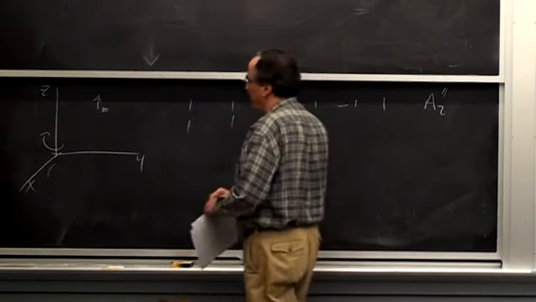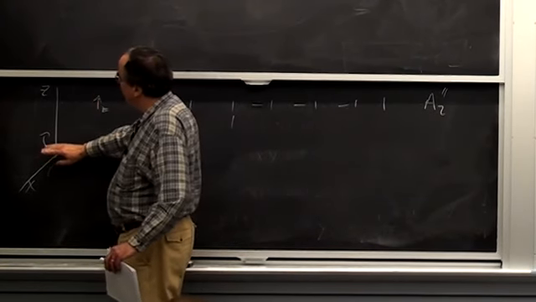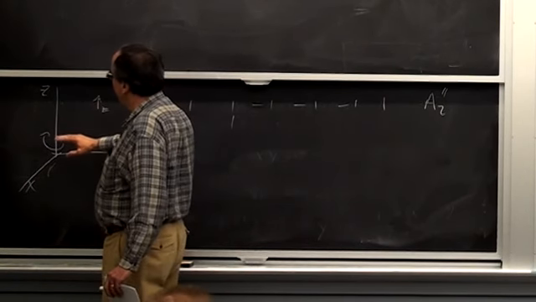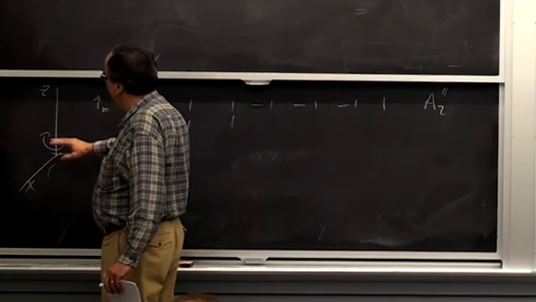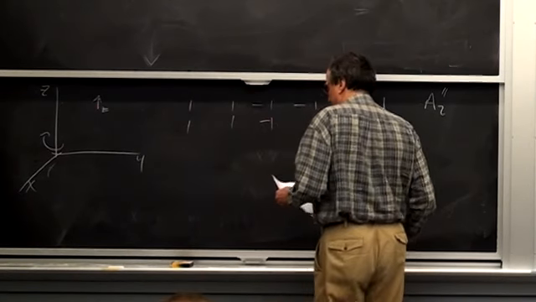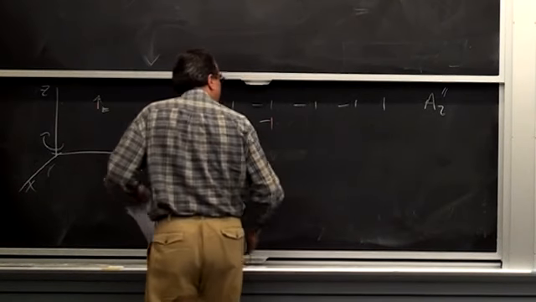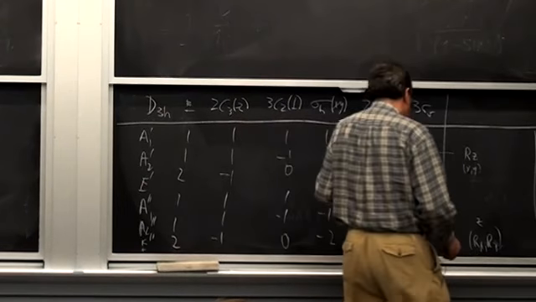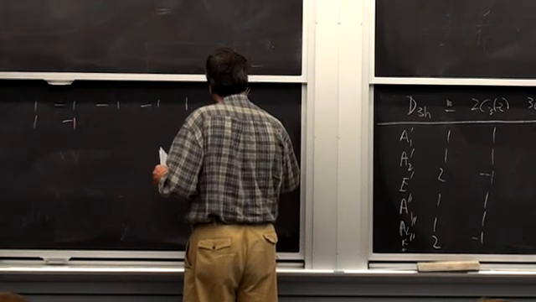C2 perpendicular, well, that's going to take, now this is hard for me to see. I think it reverses it. And so you have to practice a little bit. So you do this, and you discover that the rotation about the z-axis belongs to A2 prime.